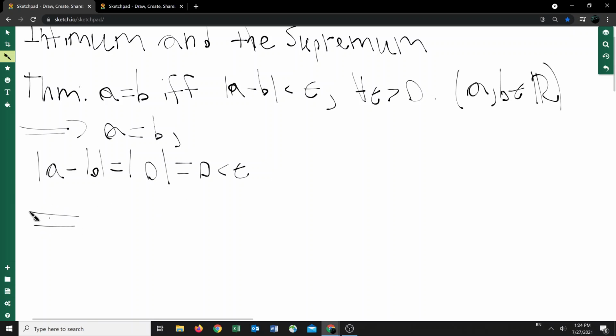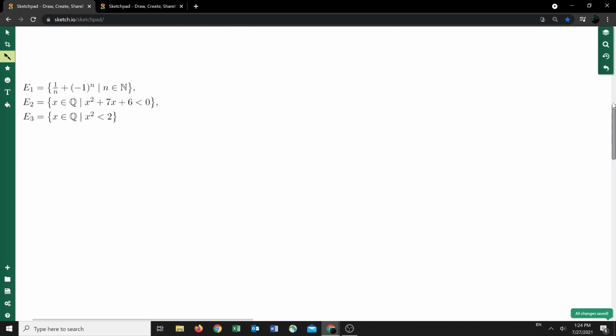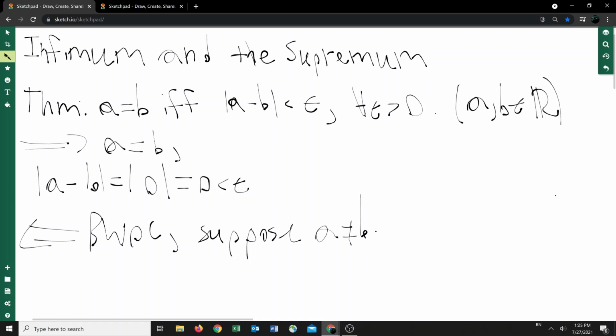Now let's prove it in the other direction. We're going to strive for a contradiction. By way of contradiction, suppose a is not equal to b. What does that tell us? a minus b is always going to be non-negative, but since a is not equal to b, it is actually greater than 0.